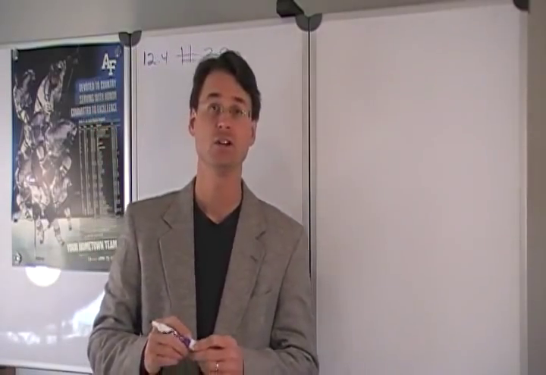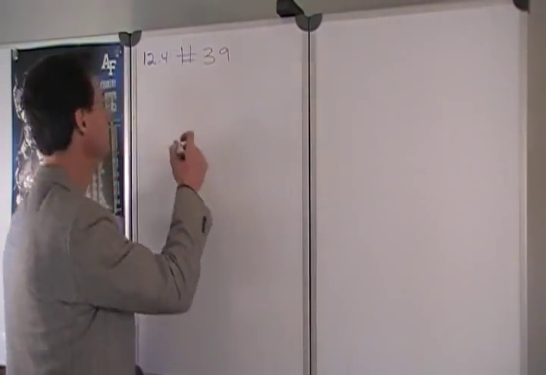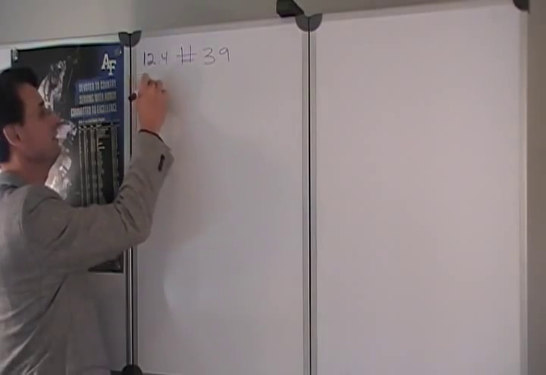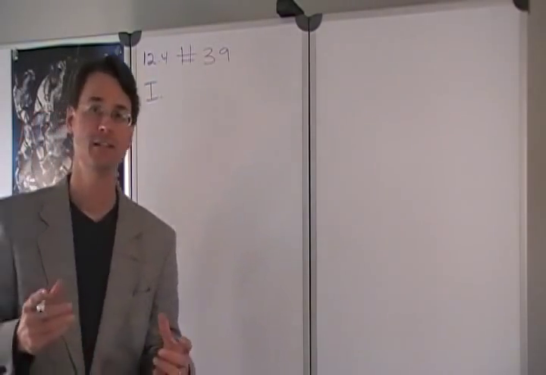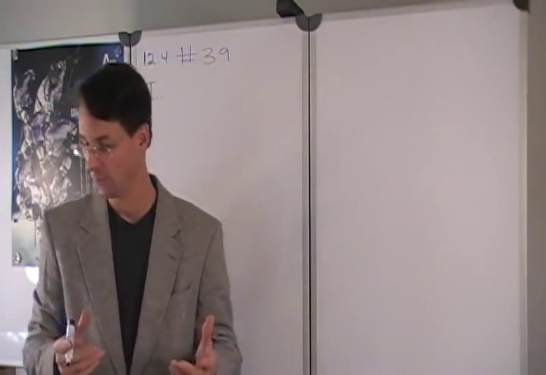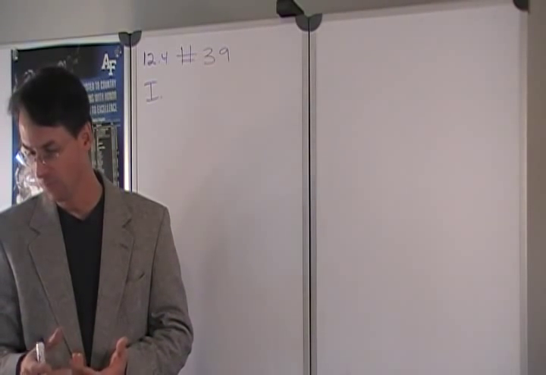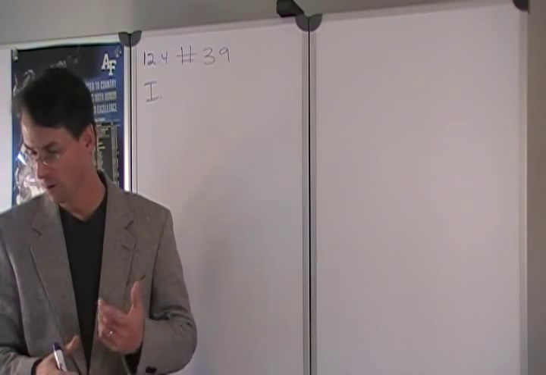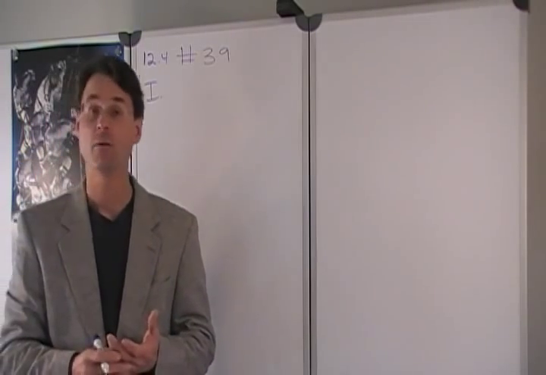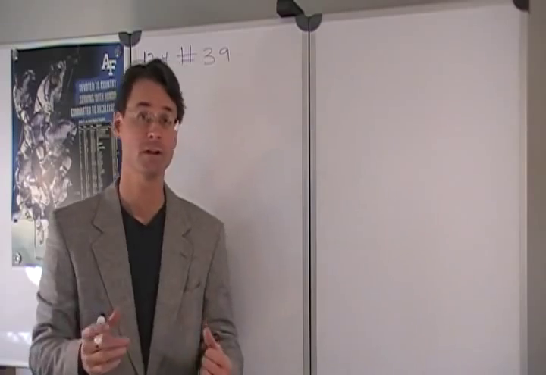So let's use the IDEA problem solving format where I stands for interpret. Basically we're given a 60 Newton force, we're given the length of a moment arm, 18 centimeters, and we want to find the torque.